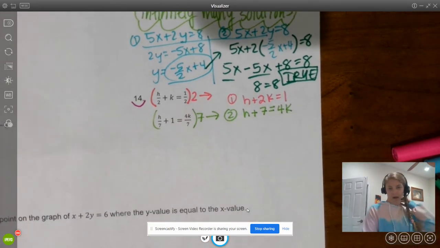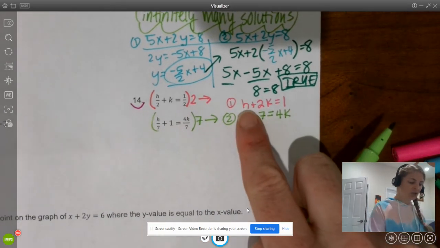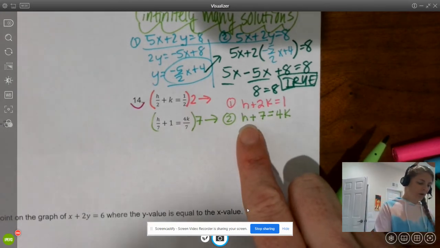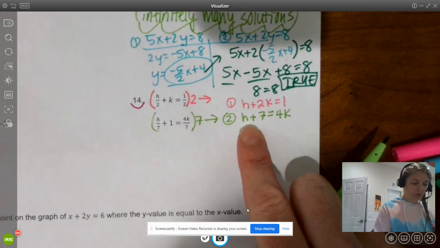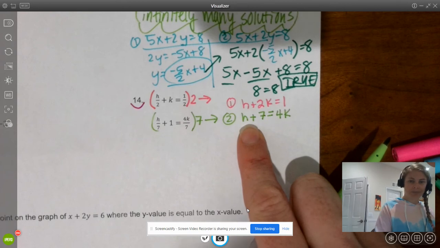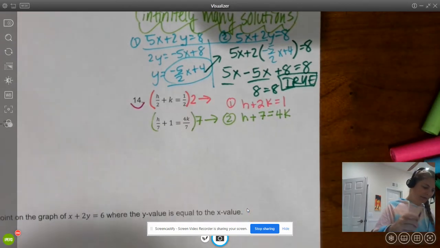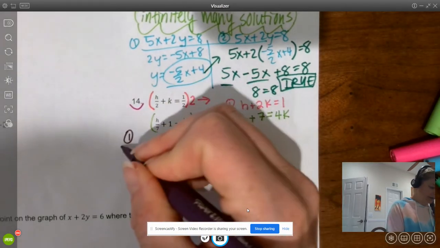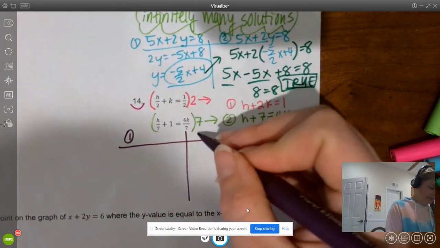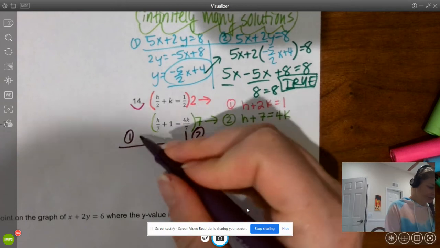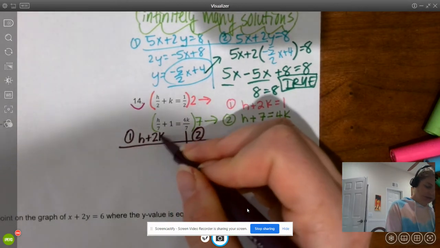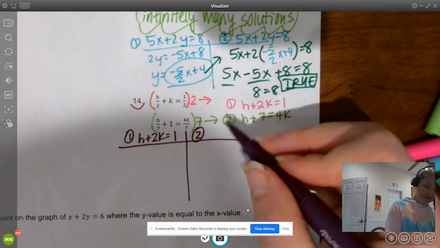So here you have an option. I could isolate h in equation 1 or h in equation 2. They're both going to be pretty efficient to isolate here. So I'm going to write equation 1 and equation 2. H plus 2k is equal to 1.